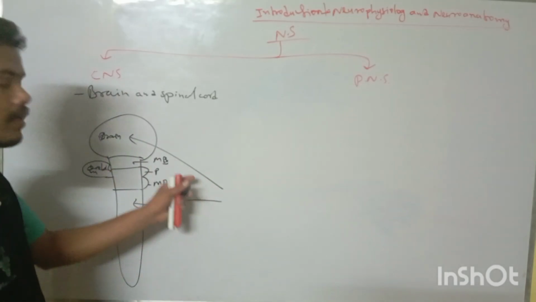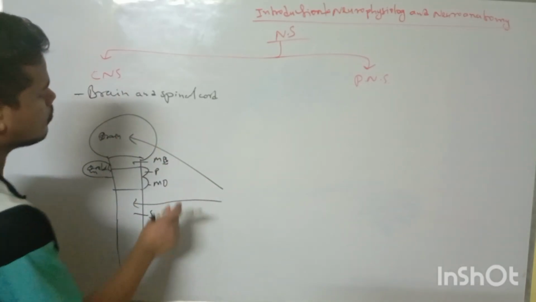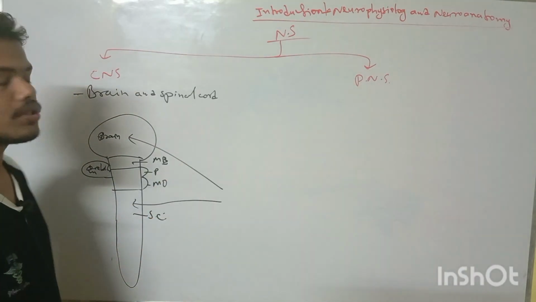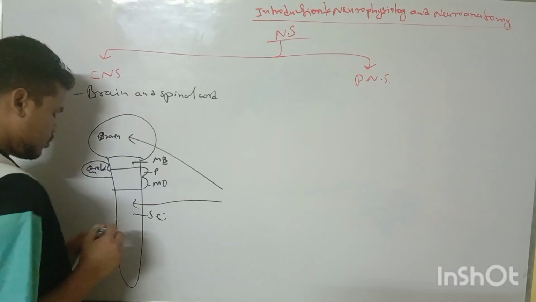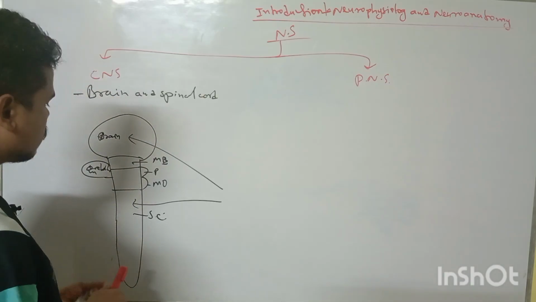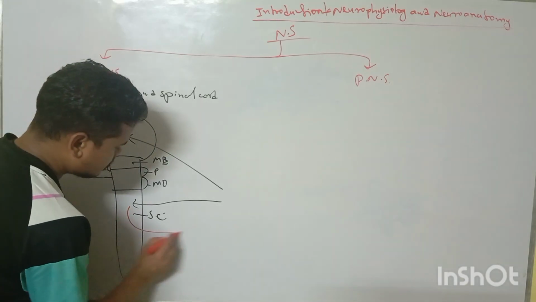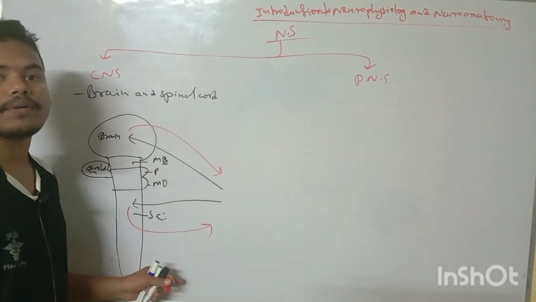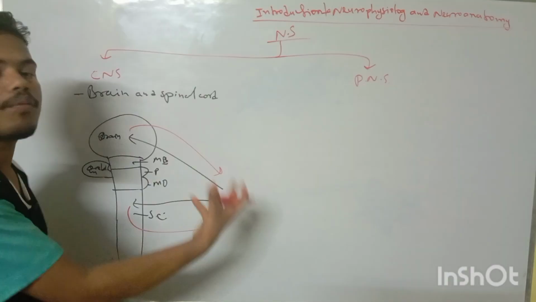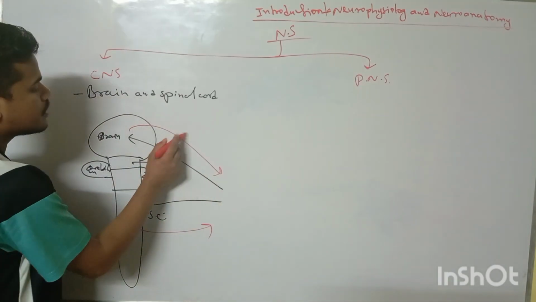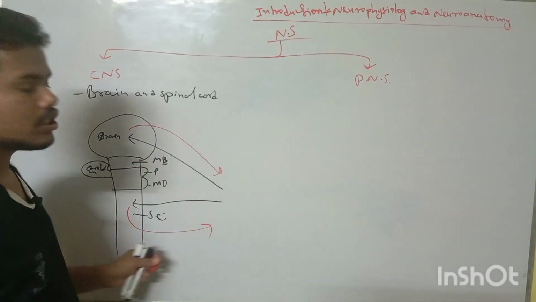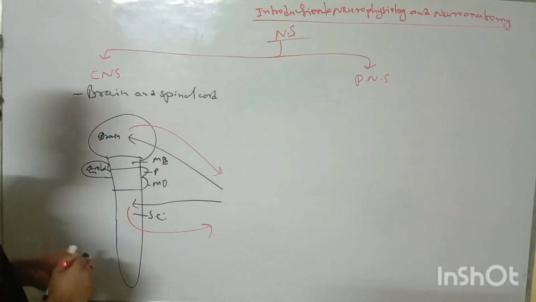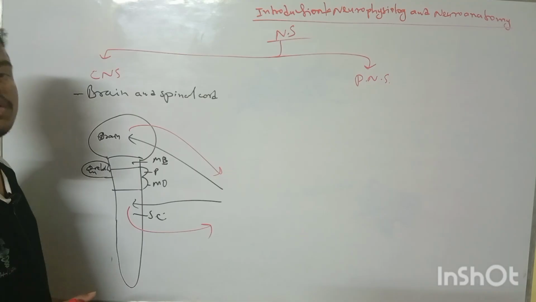Information will be carried into the central nervous system, and this pathway or fiber will be called the sensory nerves. The processed information will be carried as a response to the periphery, and the desired action will be performed. So this red mark will be the motor system, and the black mark is the sensory system. This is the basic function of the central nervous system.